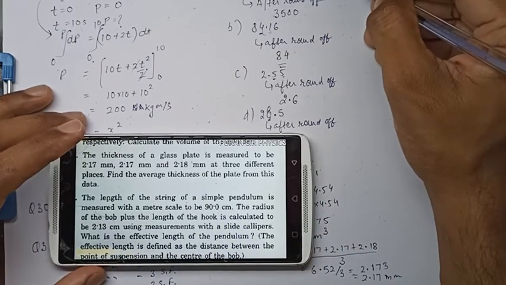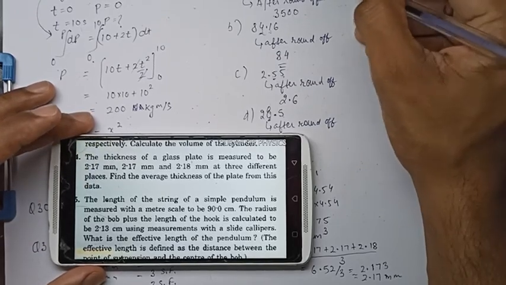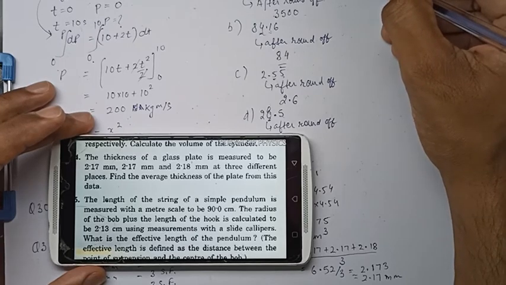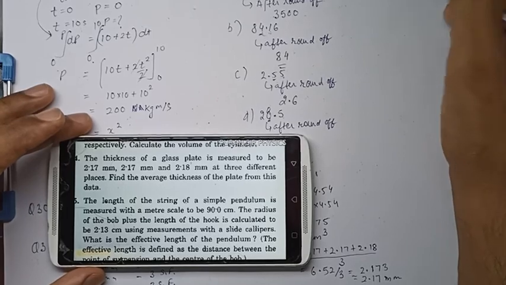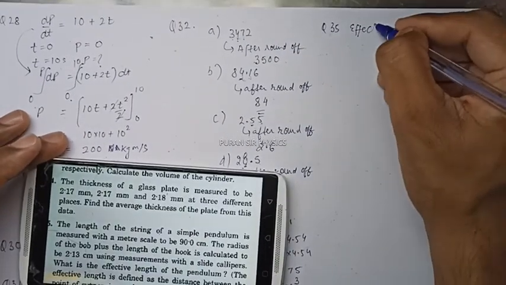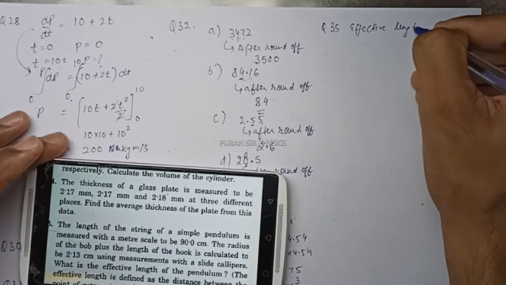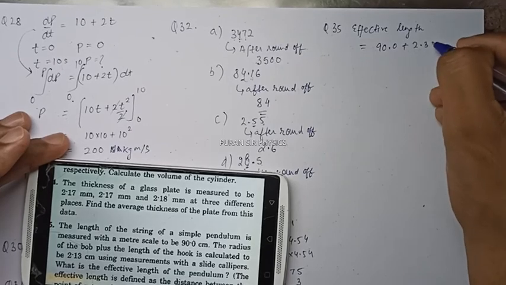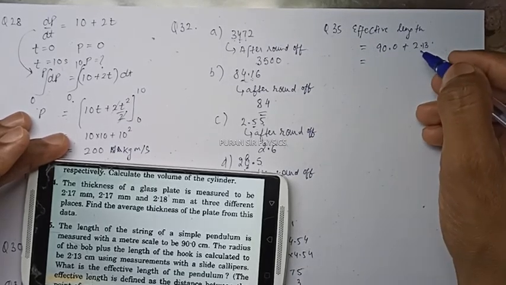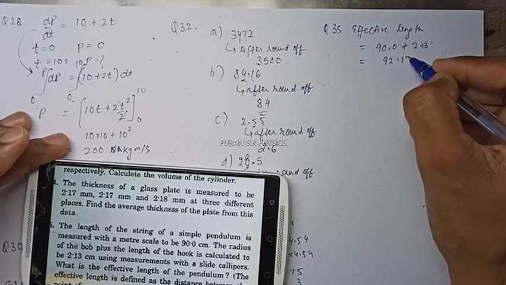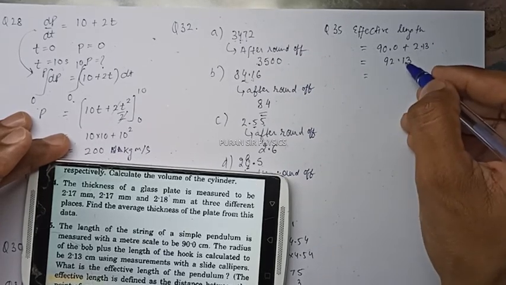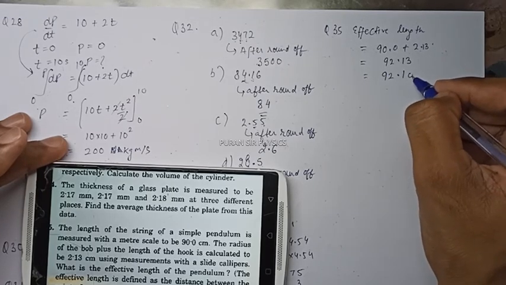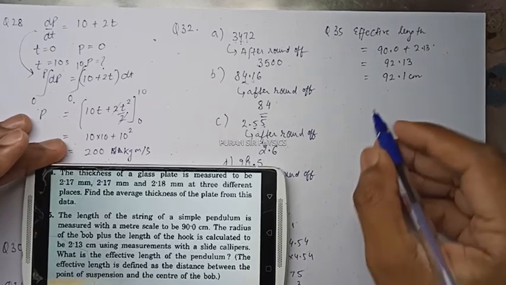So in case of question number 35, your effective length will be 90 plus 2.13, so it will be 92.13, but you should have the answer only in one decimal place, so it will be 92.1 centimeter. So this is the answer of question number 35.